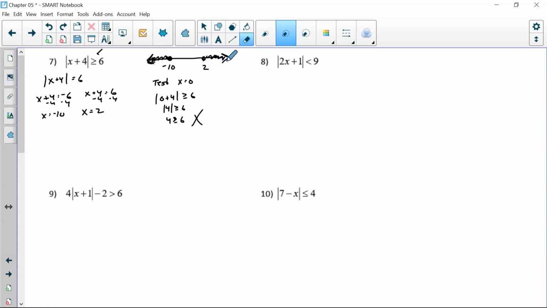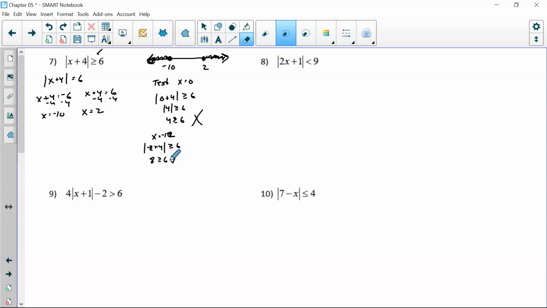Now, think about that. If we picked a number less than -10, like -11, let's make that a -12. So you get the absolute value of -12 plus 4 greater than or equal to 6. -12 plus 4 is -8. The absolute value of -8 is 8, and that is greater than or equal to 6.